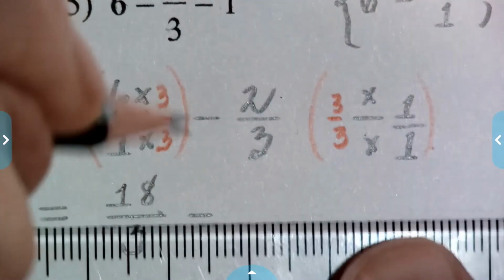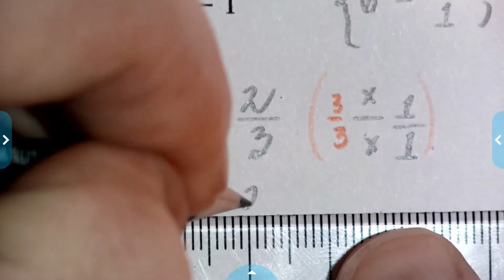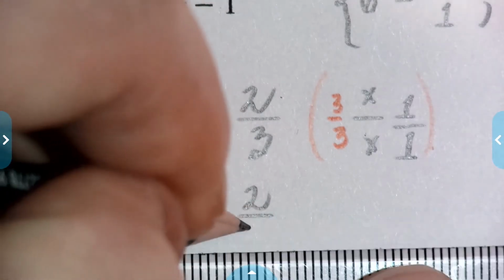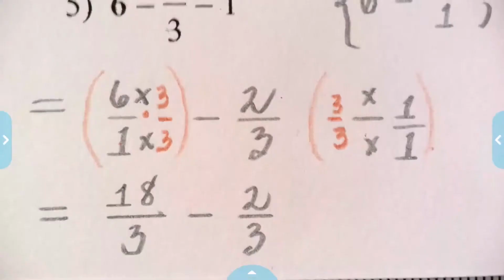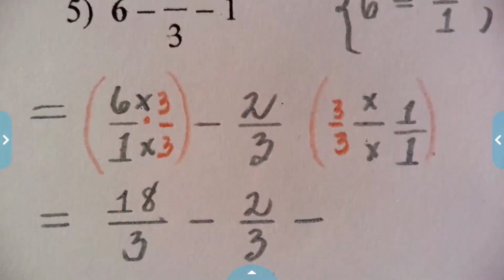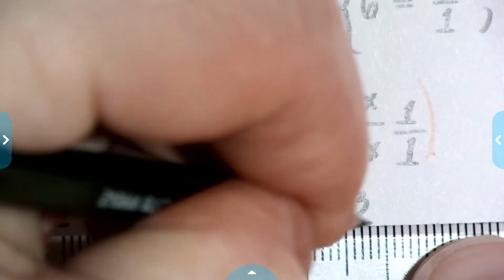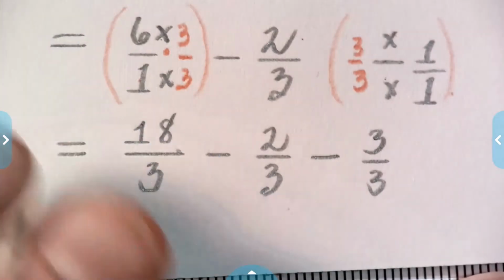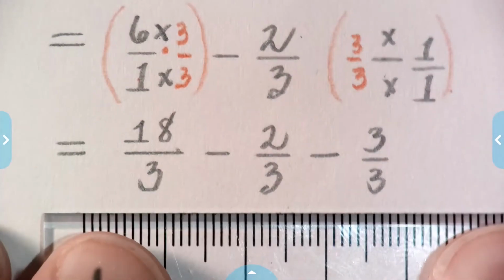Minus 2/3. See, I needed that common denominator. And then we know this is going to be negative, minus, and then 3 times 1 over 3 times 1, right? So 3/3.